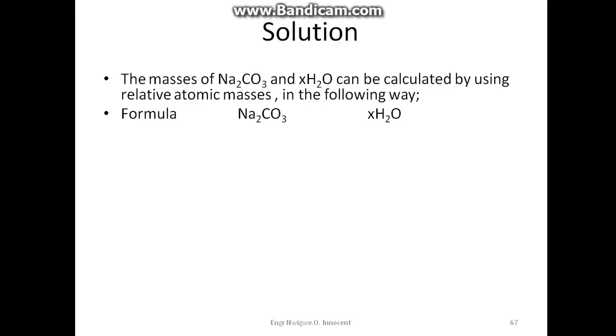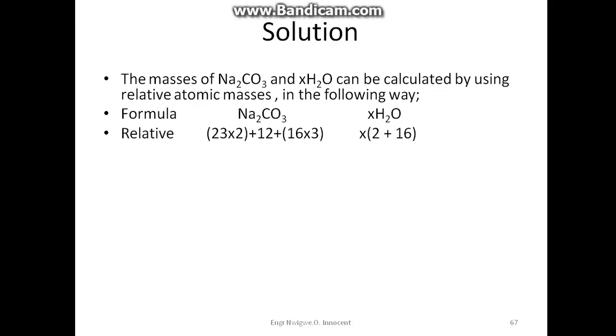Then, calculating the relative atomic mass of the elements that make up this compound, we have sodium atom, 23 times 2, plus carbon, that is 12, plus 16 times 3 atoms of oxygen.